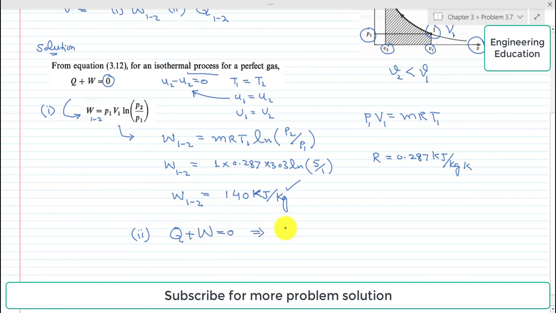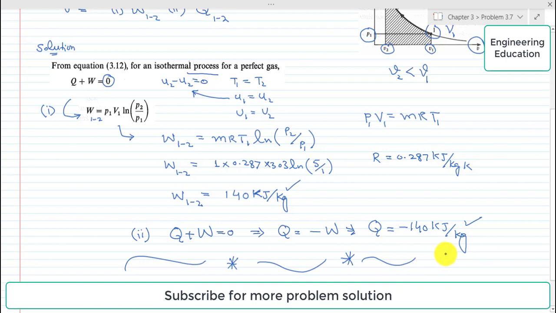So we can also write that Q is equal to minus W, or the value of Q will be minus 140 kilojoule per kilogram. So this is the required heat supplied during reversible isothermal process. So we found two things, which is the work done during this compression and the heat supplied during the process.